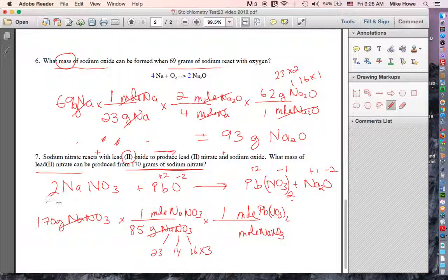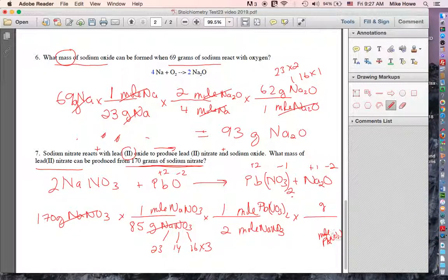What's the number in front of sodium nitrate? And then our last step is to change to grams of lead-2 nitrate. So we're going to have moles of lead-2 nitrate on the bottom. Grams of, there's a 2 right there, and grams of lead-2 nitrate on top.